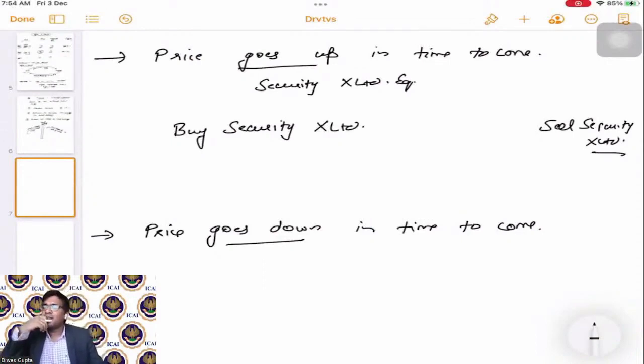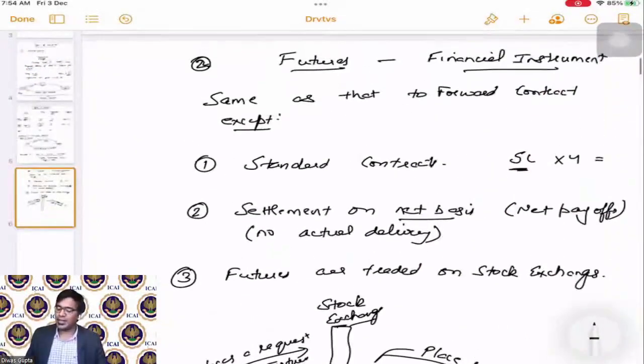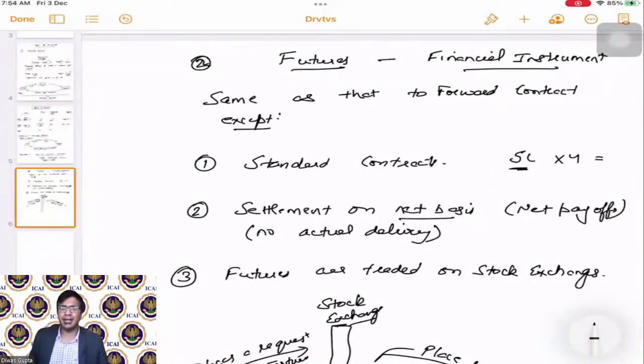Okay, so Namita is asking, sir, if forwards are there, then what is the need due to which futures were introduced? So Namita, the difference that we have studied is itself self-explanatory. Since these are standard contracts, a lot of people would not have time to enter into a contract as a forward contract, correct? Because people like me, people like you will not essentially want delivery, but still we want to take benefit of the price movements, correct?